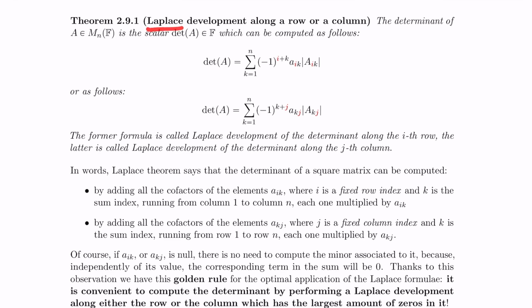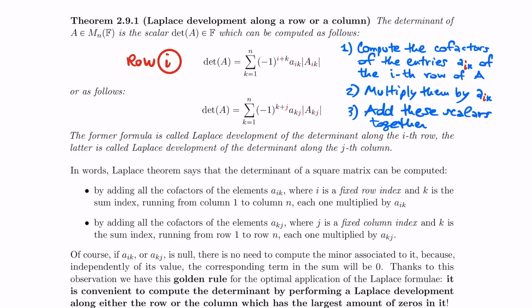Monsieur Laplace discovered that there are two equivalent ways to compute the determinant of a square matrix. The first one is called development along a row, and the second one is called development along a column.